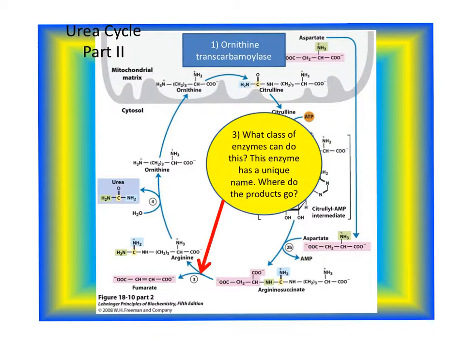All right. So what class of enzymes can do this? This one actually does have a unique name. We've seen some of those unique names before. But we have a fumarate already. That's true, but you're on the right path.